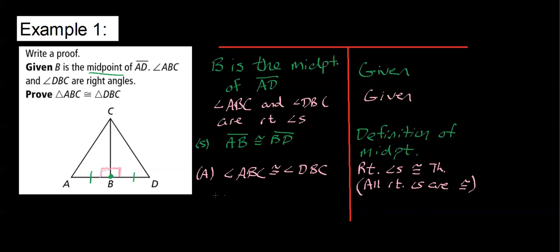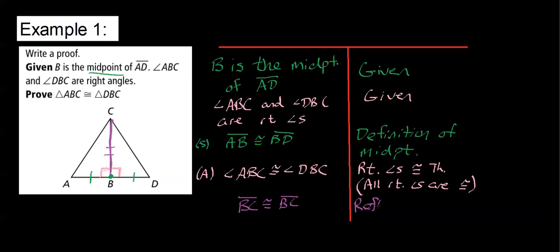So we need, remember, a pair of congruent sides, a pair of congruent angles, and a pair of congruent sides. And notice that in this picture, we have this segment right here that is shared between triangle ABC and triangle DBC. So that's going to be our reflexive property. So we're going to be able to make the statement that segment BC is congruent to segment BC.